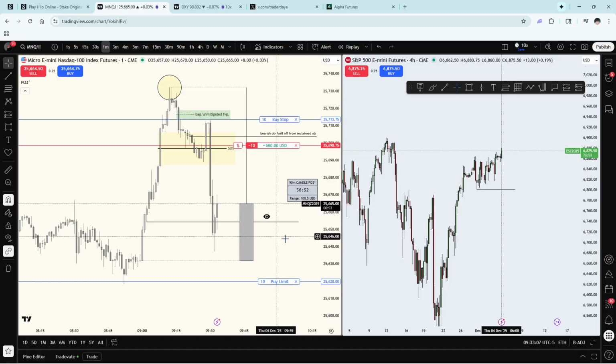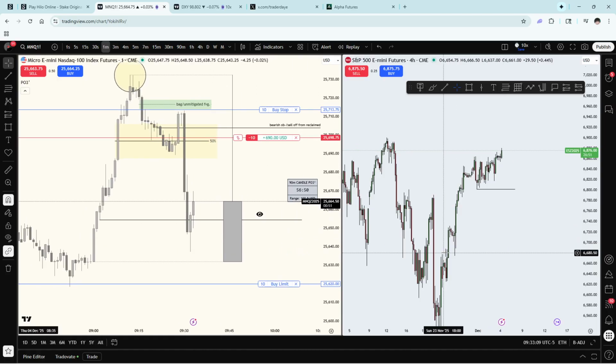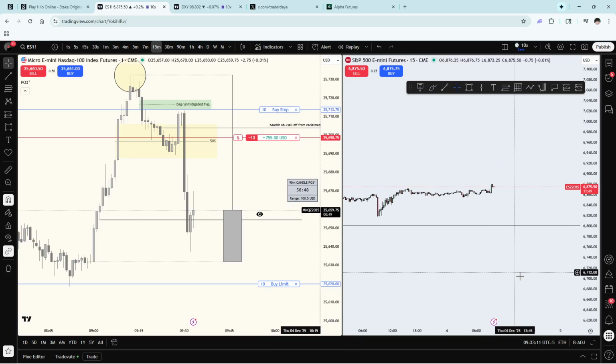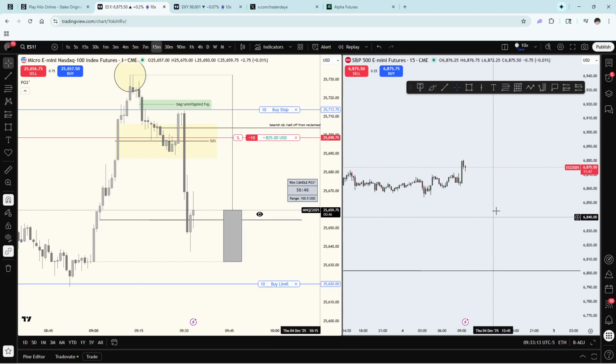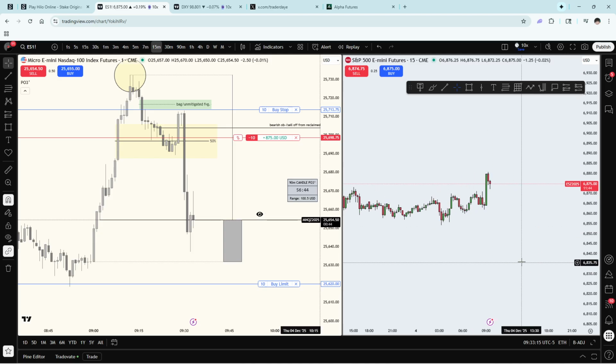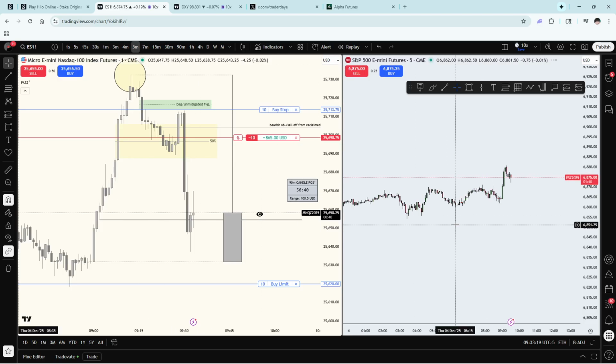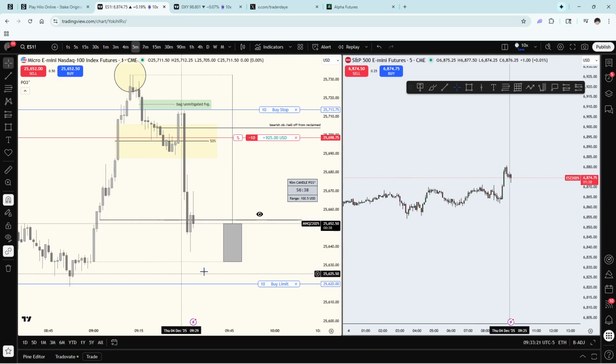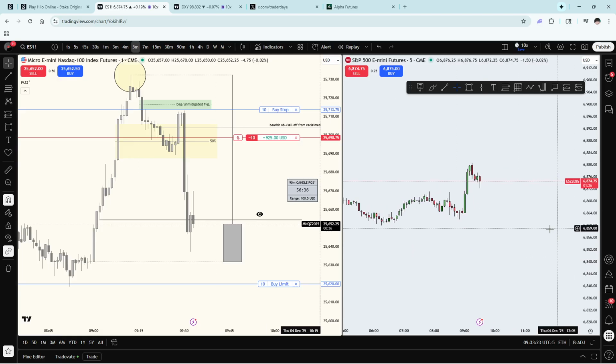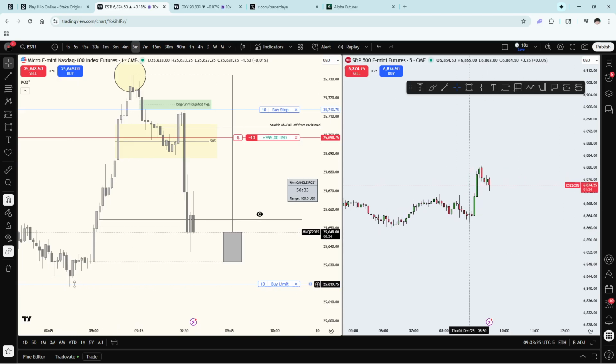All right, and another thing I want to keep in mind is I did not look at ES one bit after I already annotated the market range, right? After I figured out where we wanted to go in price action, I did not look at ES whatsoever. And now we have NQ currently dropping into sell side liquidity.